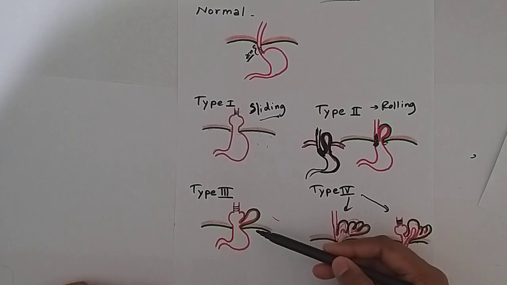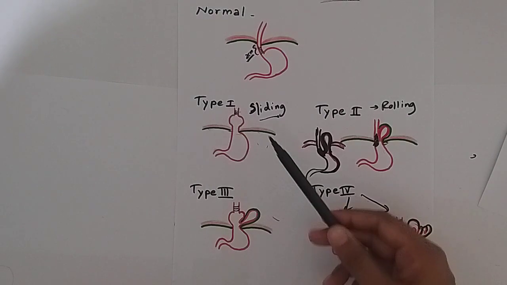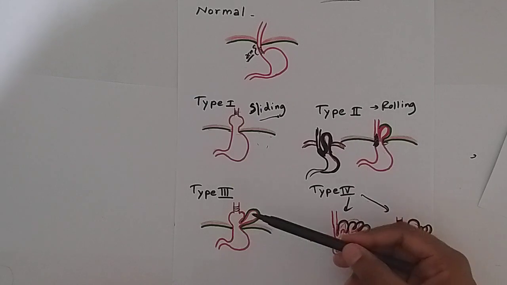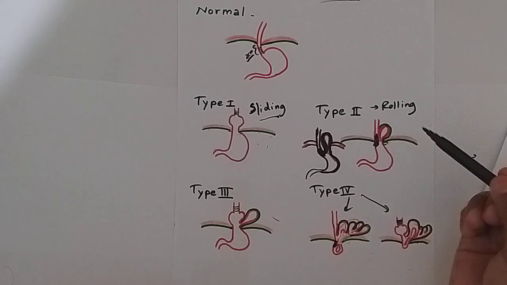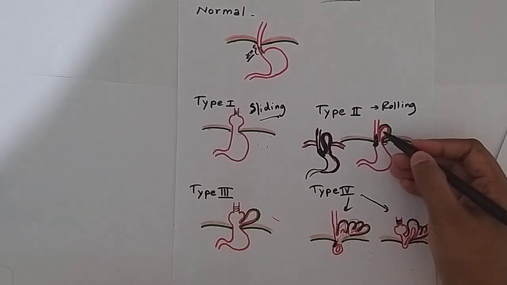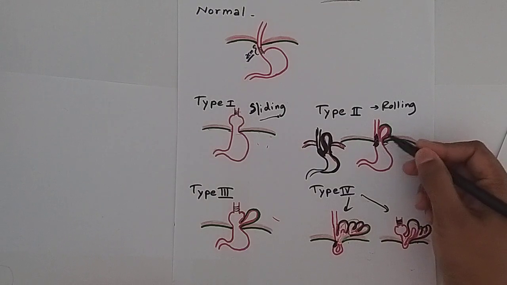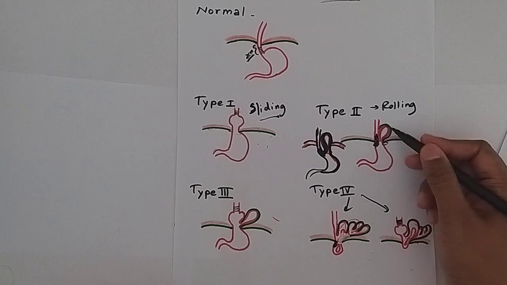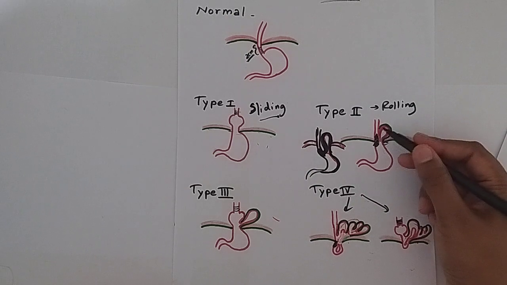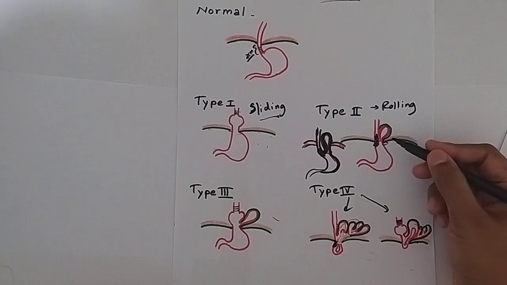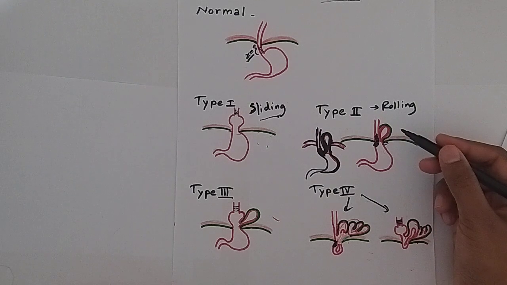And this is the third type. The third type is the combination of the first and second types of hernias. Here I mistakenly didn't tell you about the peritoneum. You can see the peritoneum has gone upward with the fundus of the stomach. That means this hernia has a sac, so this is a true hernia. If the hernia has a sac, it's a true hernia.